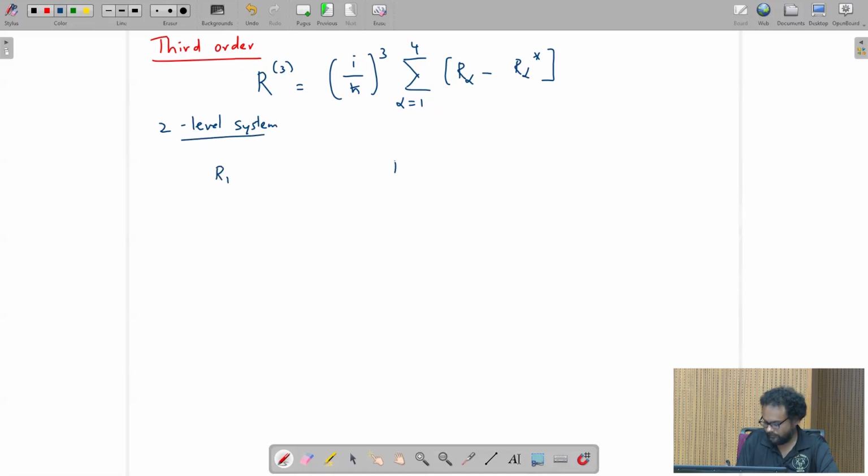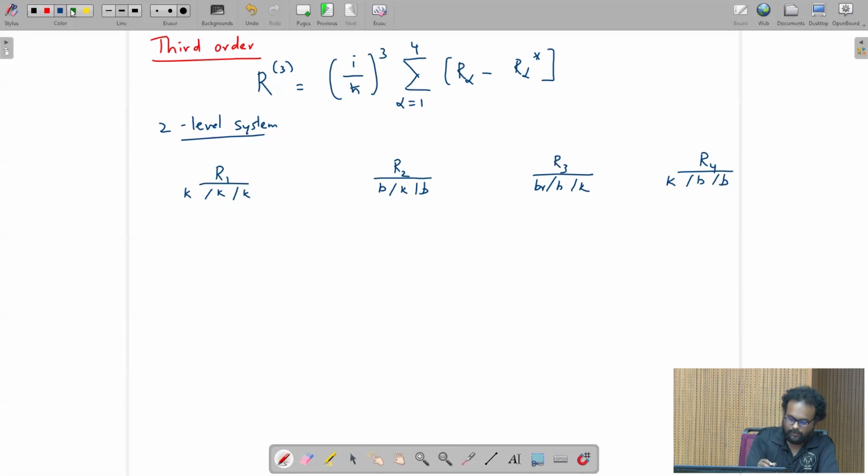R1, 2, 3, 4. R1 is always ket, ket. R2 is always bra, bra. R3 is always bra, ket. R4 is ket, bra. Okay, good. It's a 3 field interaction.